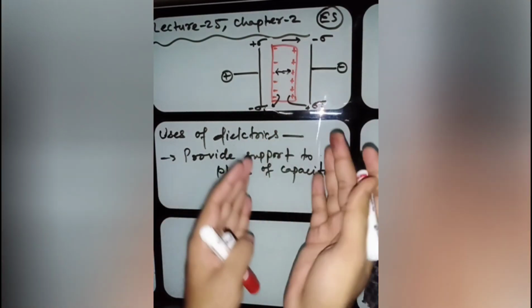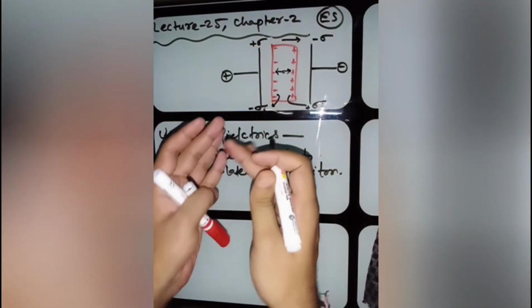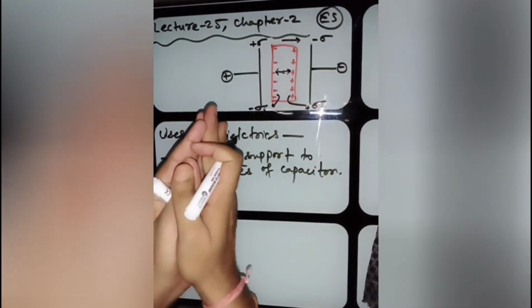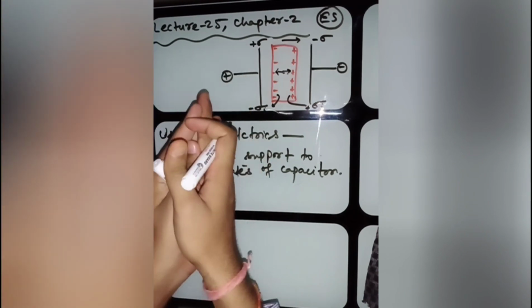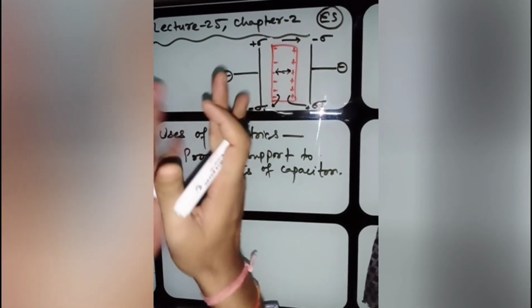If you do not insert a dielectric between the plates of a capacitor, both the plates will stick, and the net charge will be zero. There will be no electric field between the plates, and no capacitance can be considered.